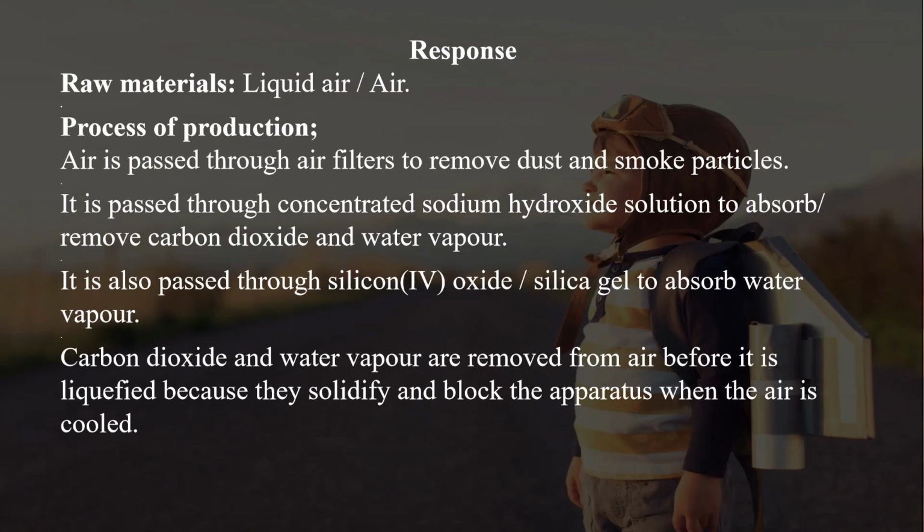The reason for removing this carbon dioxide and water is that once they are put in the system, they can solidify and block the apparatus, so they first need to be removed. They are also components that we do not need, since we only need the oxygen, so we first remove them.